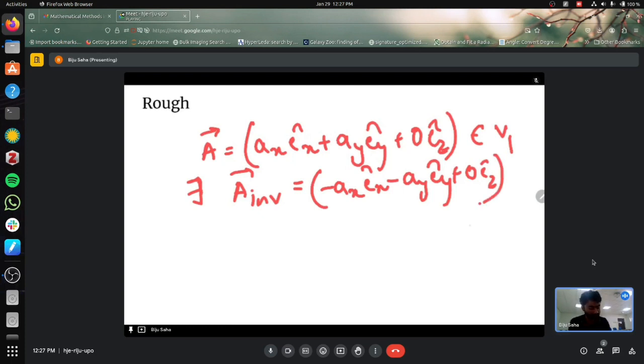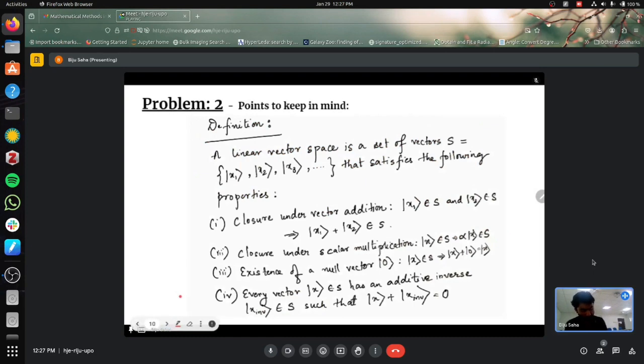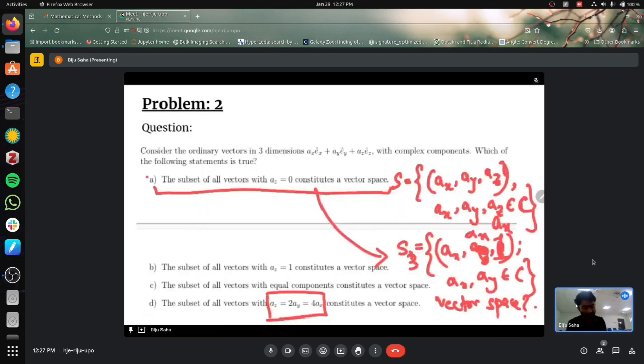So that verifies the existence of inverse. So right now we have proved that all of these three conditions hold good for the first option. So that confirms that here the subset of all vectors with az equal to 0 constitutes a vector space.